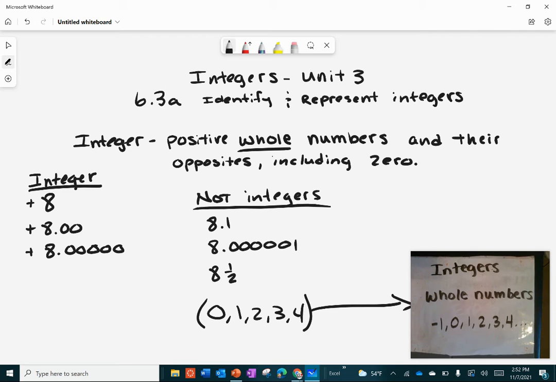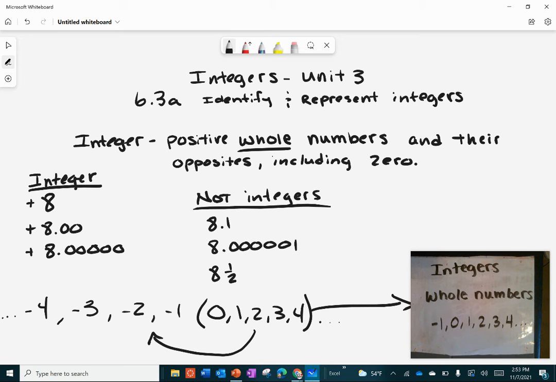So integers include a little bit more than that. The opposites, which would be -1, -2, -3, -4, and it keeps going on and on forever in both directions. Really, integers are whole numbers, whether they're positive or negative, and 0 is considered to be an integer.